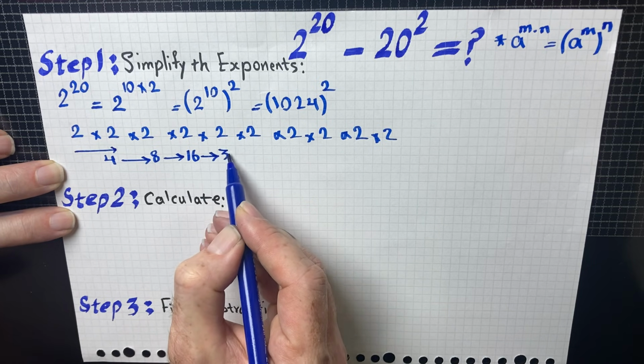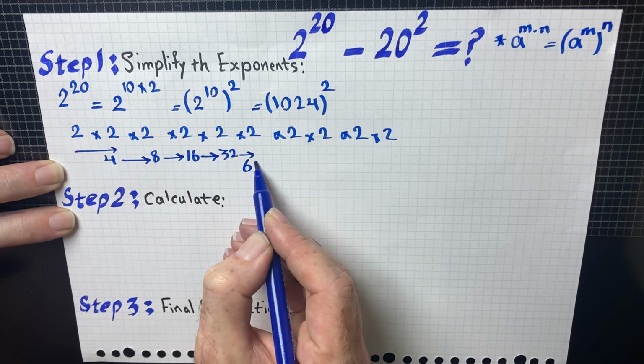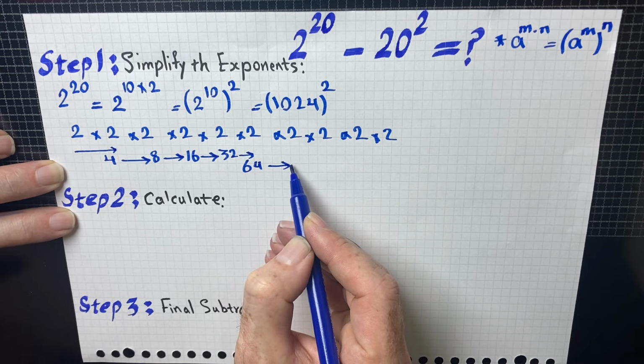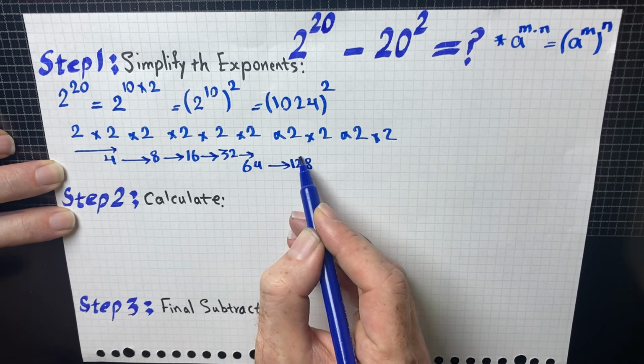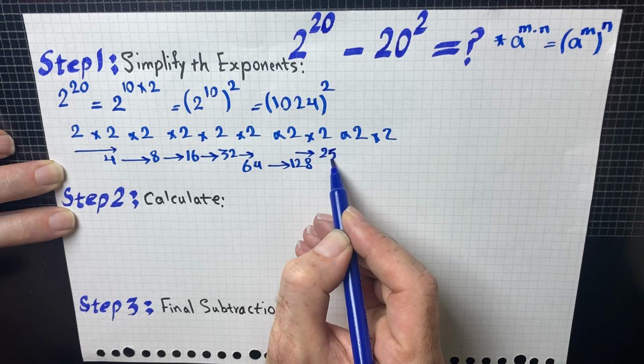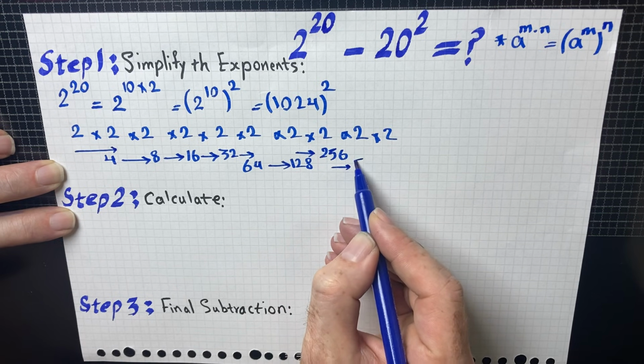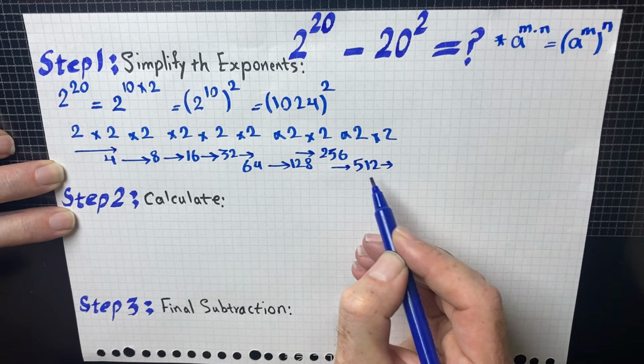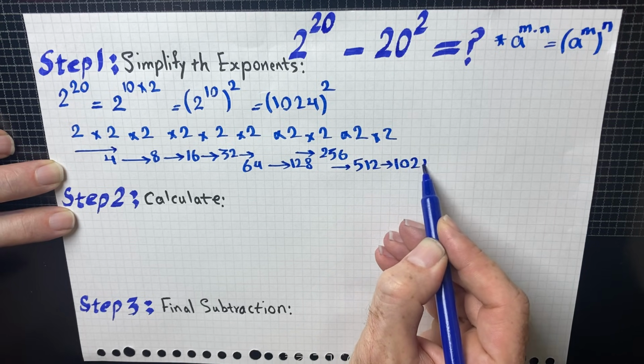Times 2, 32. Times 2, 64. Times 2, 128. Times 2, 256. Times 2, 512, and finally times 2, 1024.